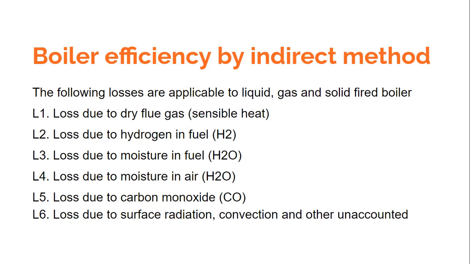Latent heat means the heat required for phase transformation. Okay, so the water vapor is in the gaseous form, and that hydrogen, when it combines with oxygen, forms water. This water going from gaseous to liquid, this is the latent heat. Okay, and then it is also at a certain temperature. So because of the hydrogen in the fuel, there is a sensible loss as well as the latent heat loss.